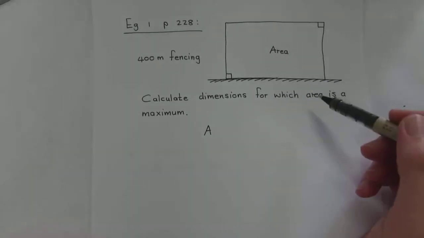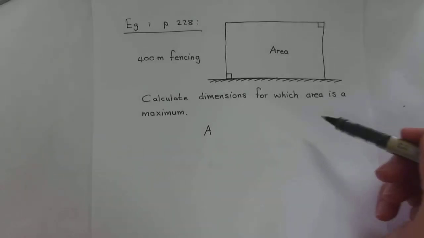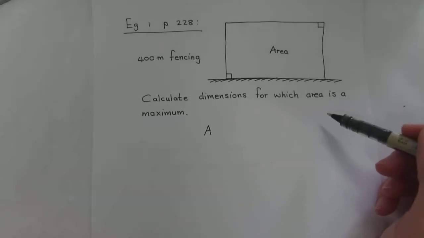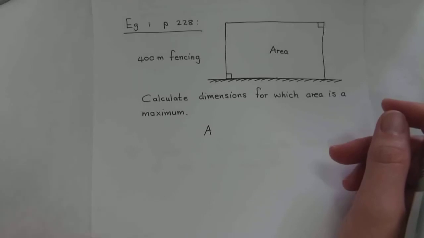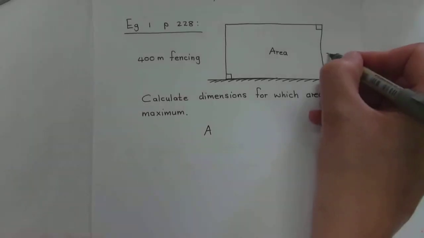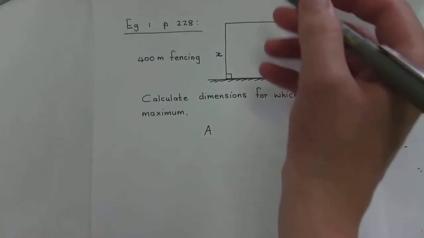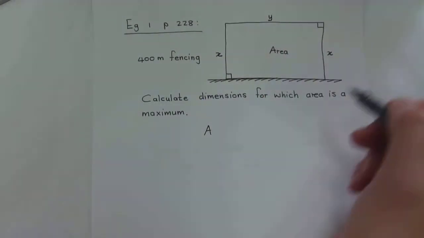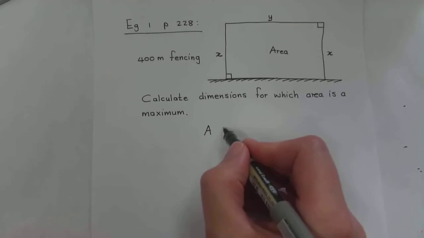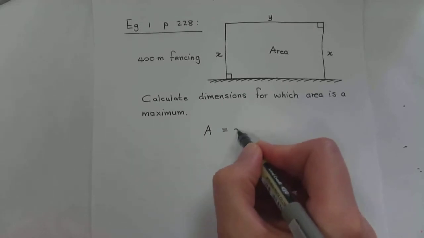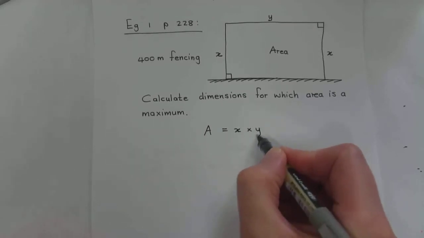I would have rather made the length x and the width y, but let's stick to the textbook. So the width of the rectangle is x, and the length of the rectangle is y. So the area of this rectangle is very easy. It's equal to x times y.